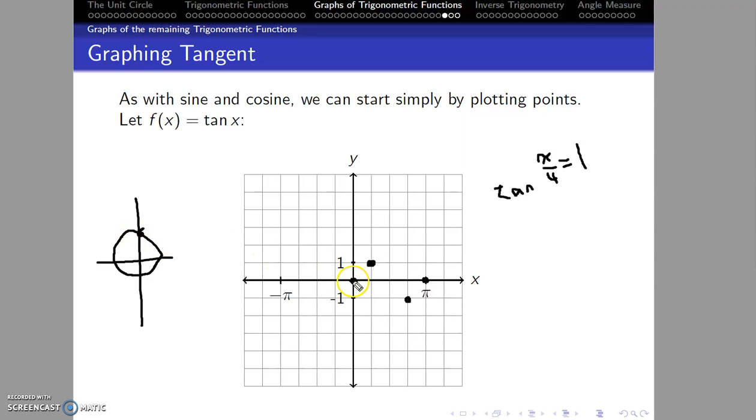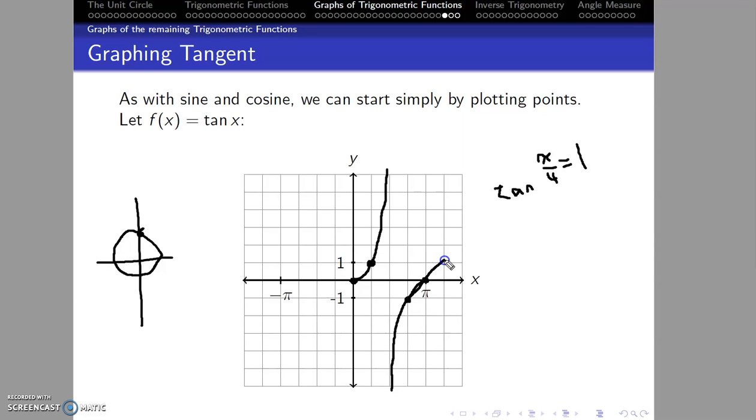So as we get closer and closer to pi over 2, my ratio gets larger and larger. On the other side of it, though, once we get just slightly past pi over 2, now my x value is negative, and my sine value is still more or less 1, so 1 over a very small negative number ends up being a very large negative number.